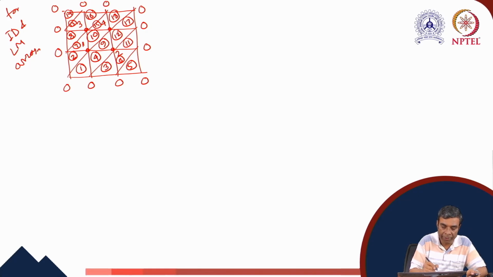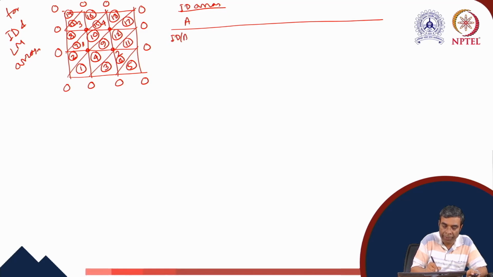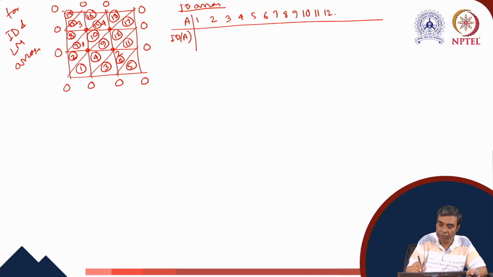So we generate the ID array, A versus ID(A). Our A varies from 1 to 16: 1, 2, 3, 4, 5, 6, 7, 8, 9, 10, 11, 12, 13, 14, 15, 16.